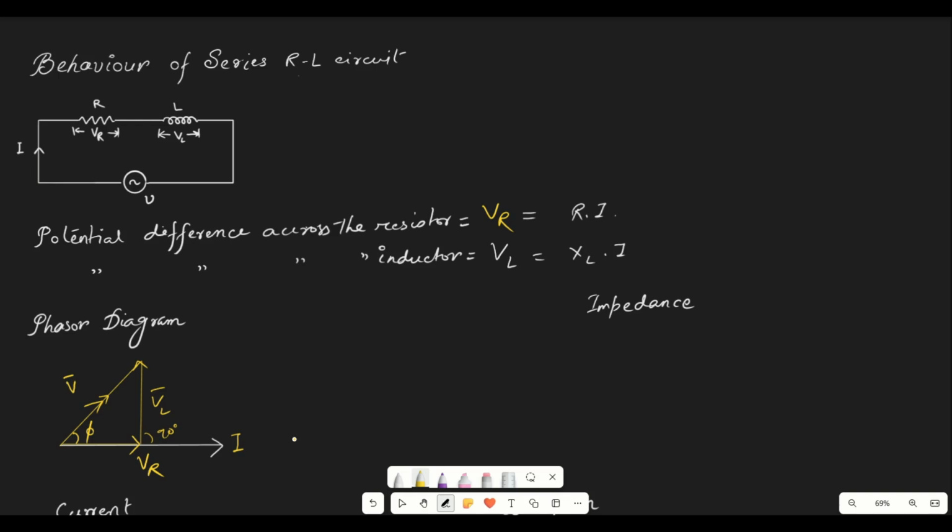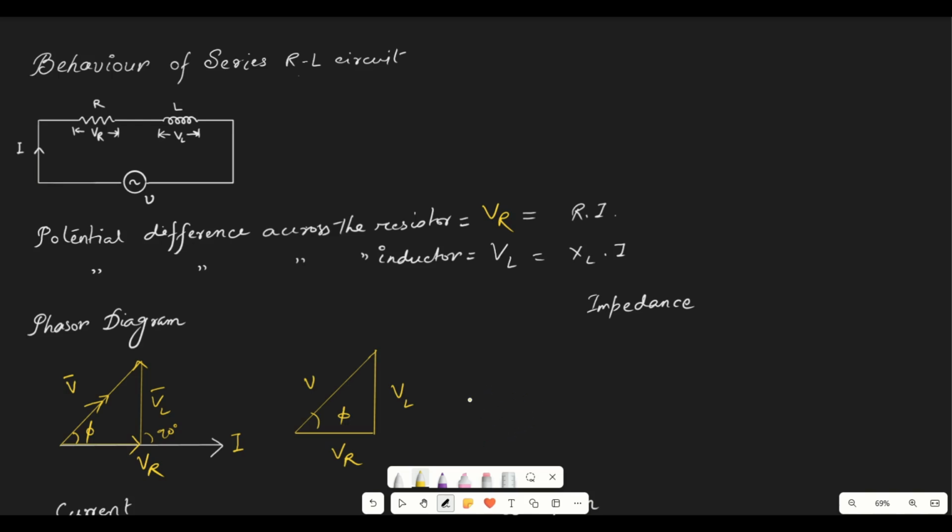Now from this diagram we can also draw the voltage triangle. This is the resultant voltage, this is the voltage across the inductor, and this is the voltage across the resistor, and the angle between them is phi.